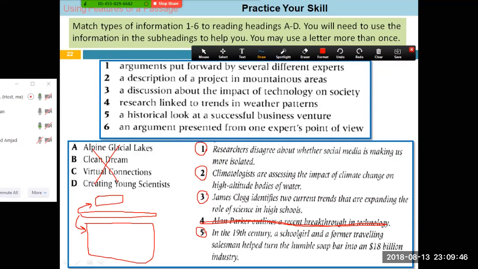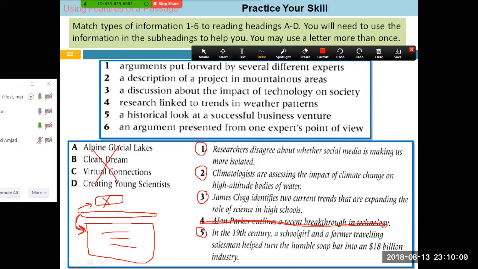I told you this two slides back, right? Did you understand that? So it is the subheading that tells you about the heading and about the content or type of information we can find in the passage.